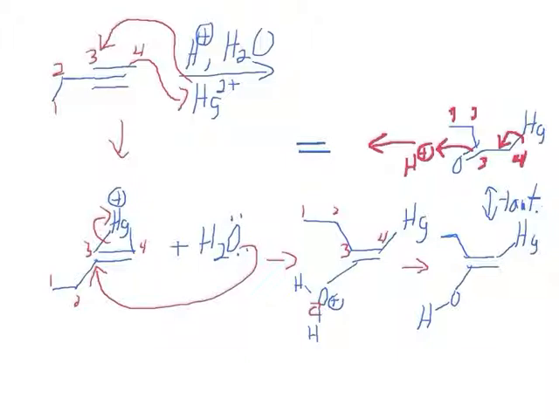Mercury's gone. And we've remade what? The enol, which of course can tautomerize back into a ketone.